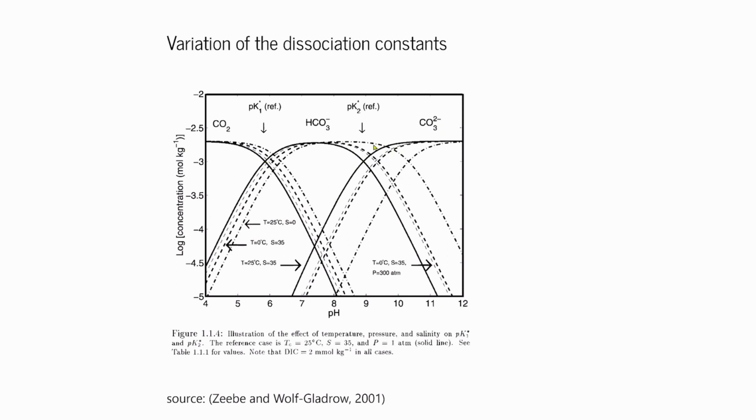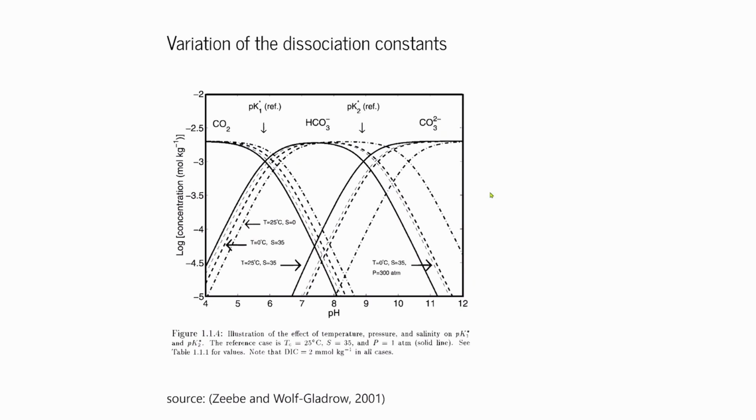But you see there is another, extremely shifted dissociation constant in another system, at a temperature of 25 degrees and no salinity. So you see these dissociation constants are always quite different, and it's very hard to determine them.